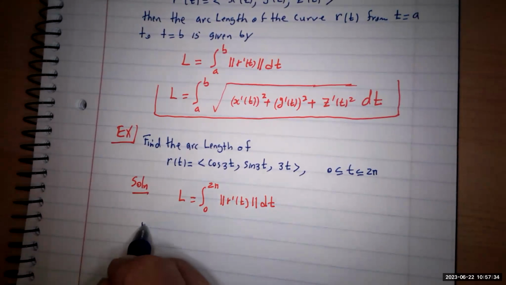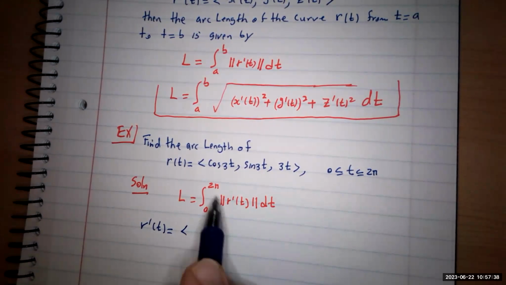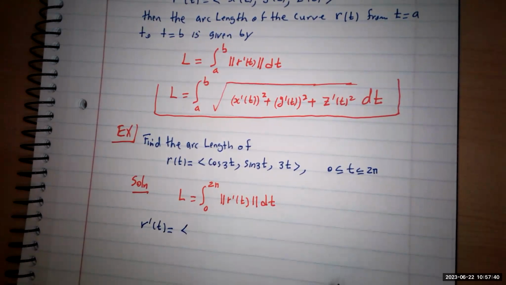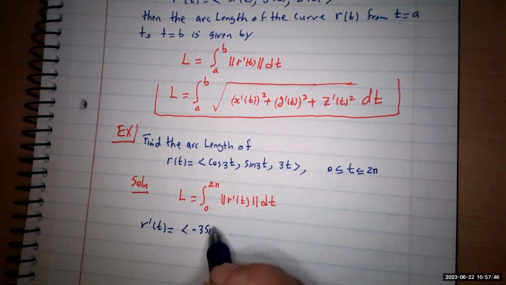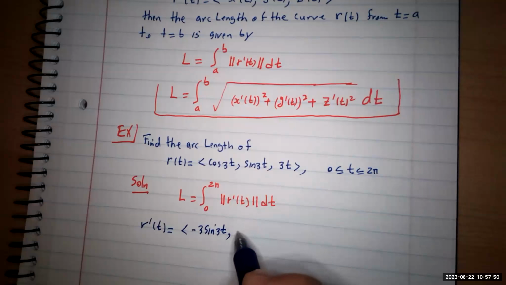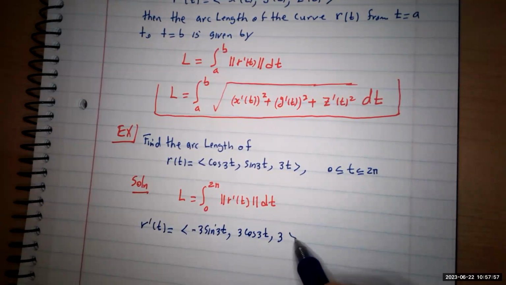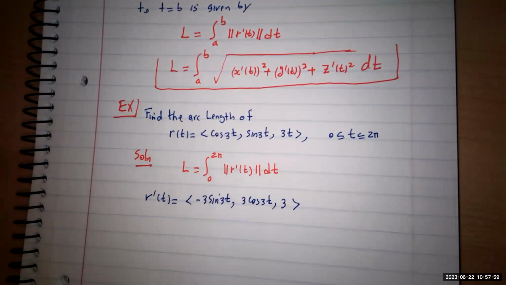That gives you r prime of t, which is equal to the derivative of cosine, negative sine, multiplied by 3, so negative 3 sine of 3t. Then 3 cosine of 3t, and this would be 3. So that gives you your r prime.